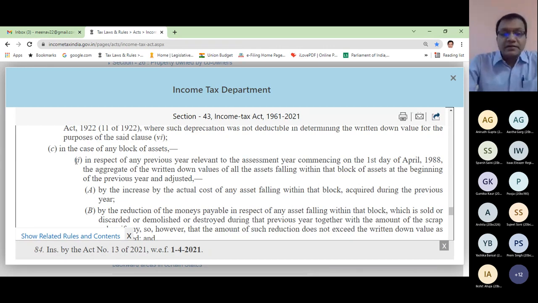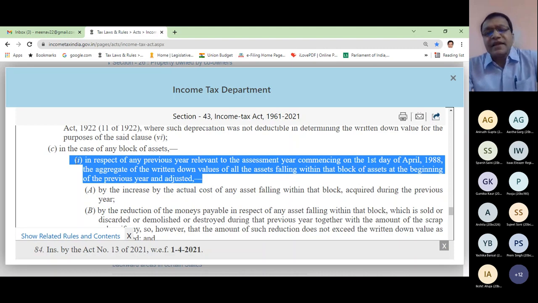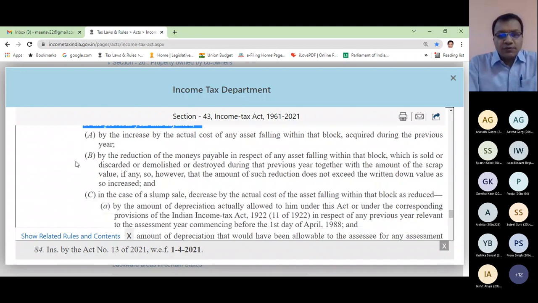Assessment year 88-89, that's it. But I am studying assessment year 21-22. So when I am studying assessment year 21-22, this subclause 1 is not applicable to me. I will go down.